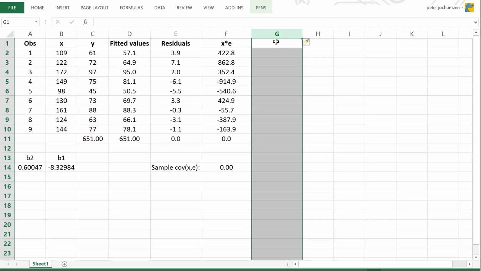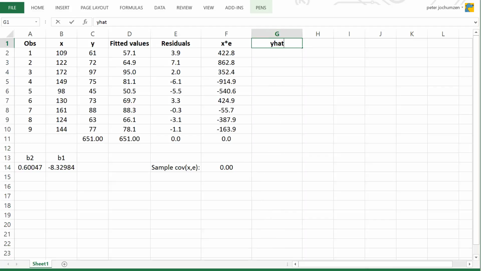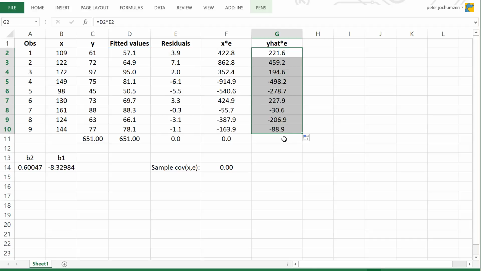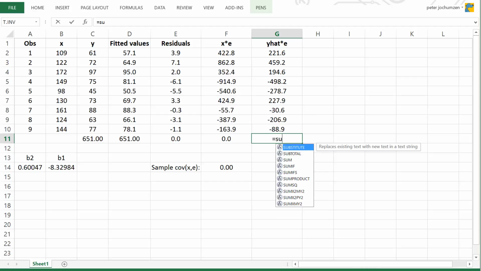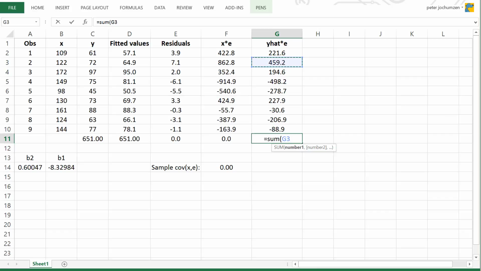So let's do a y hat times e here, multiplying fitted values with residuals. Copy this down, sum it, sum these, and we get 0.